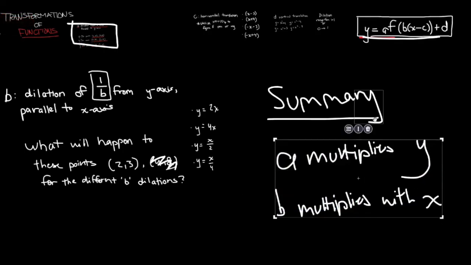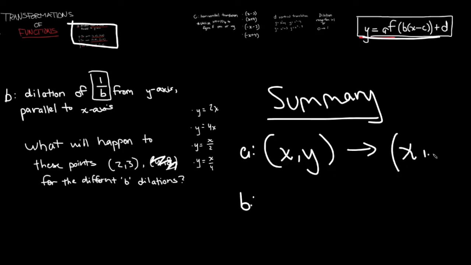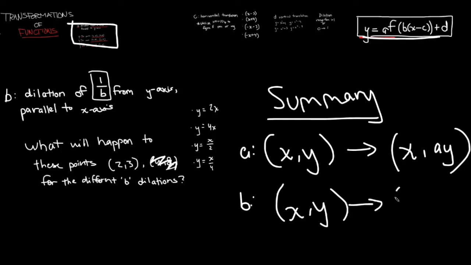And this turns out to be written as this. x, y turns into, for the variable a, turns the normal coordinate xy into x, ay. But b turns the normal xy coordinate into bx and y. So this is the summary for both the variables a and b.